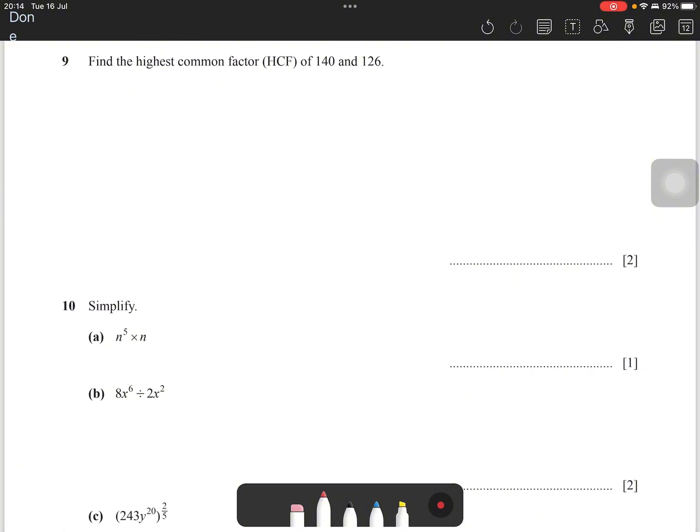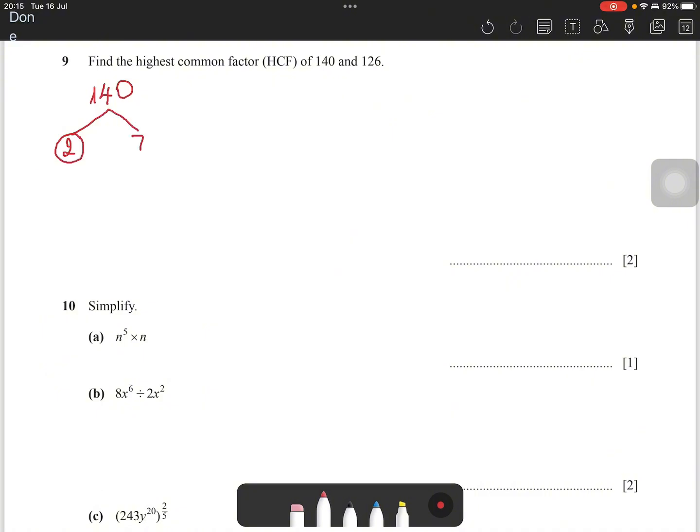Question 9. Find the highest common factor of 140 and 126. First, we'll write 140 as the product of its prime factors. 140, we can use the tree diagram to help you. It is divisible by 2, and this is a prime factor.